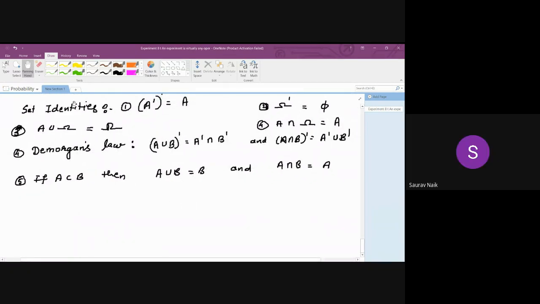If A is a subset of B, then we need to find these values. Yes, the last one.